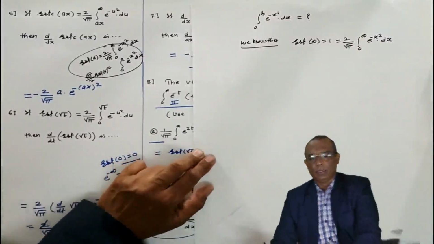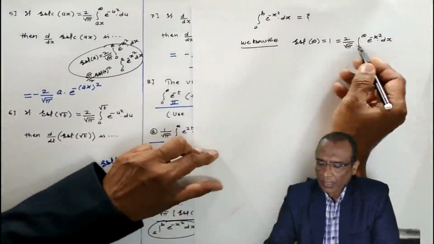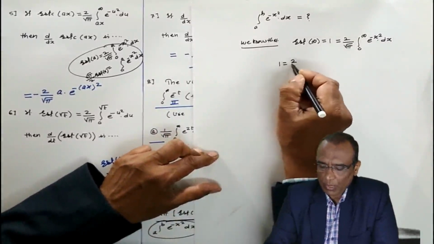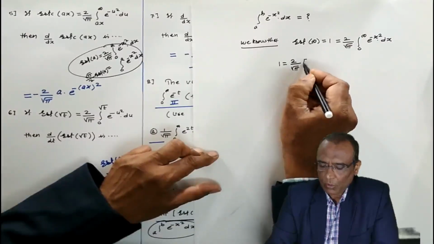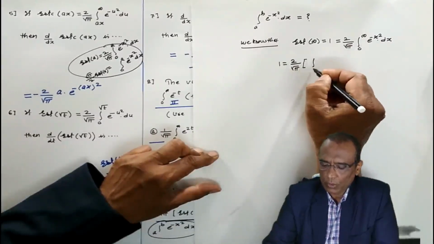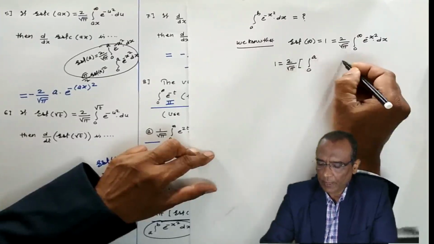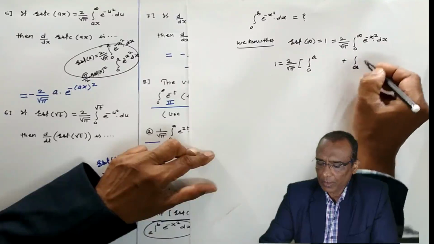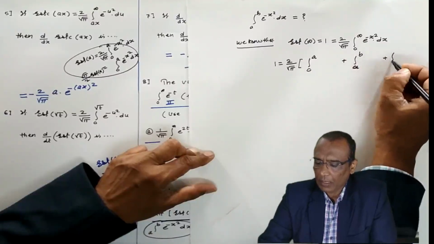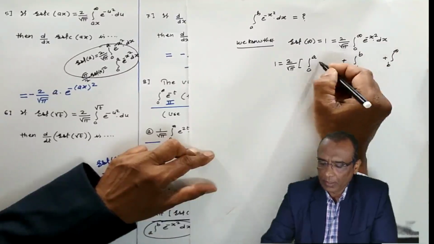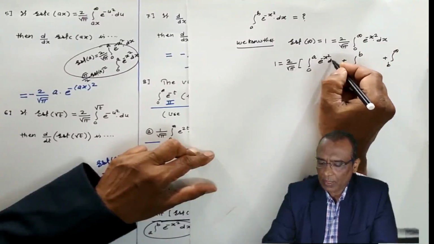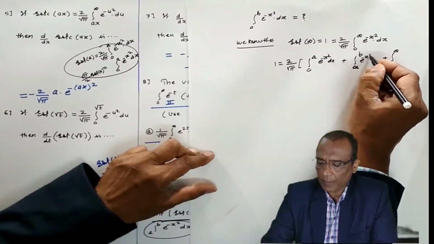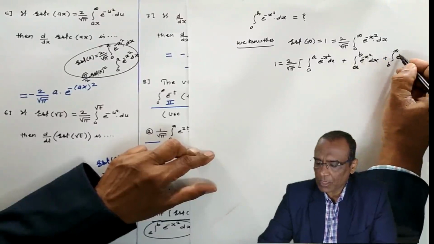Now 1 equals this, 2 by root pi. I am going to break 0 to infinity in this way. Because of continuity you can write 0 to a, a to b, and b to infinity, e power minus x square in each.